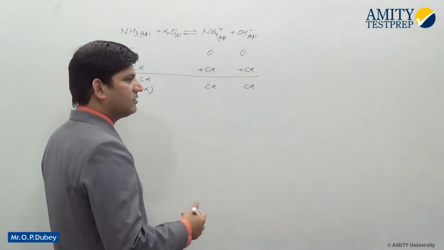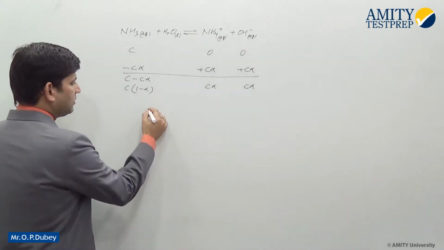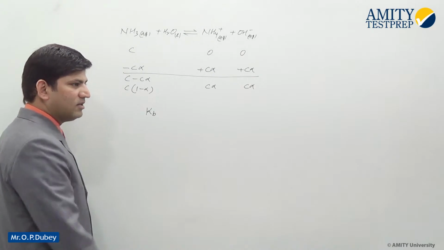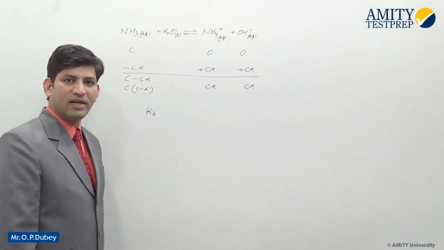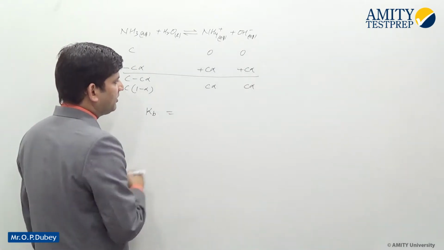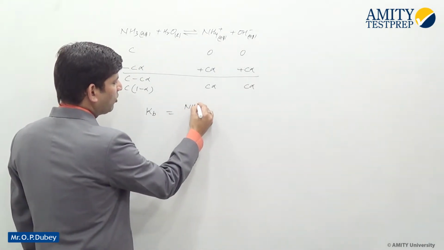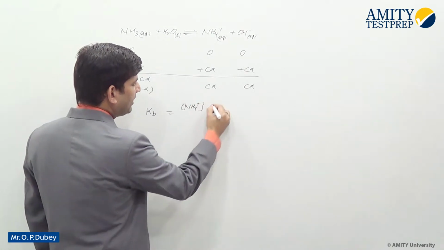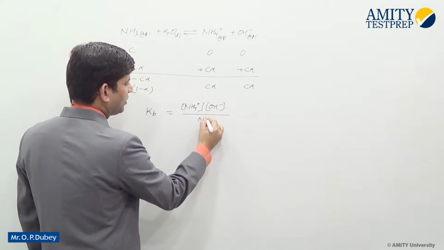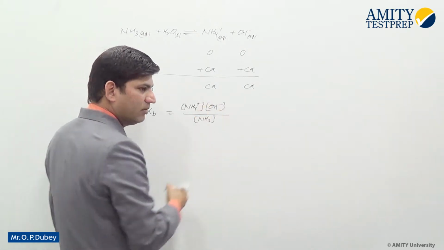The expression of this dissociation equilibrium is Kb. B is for base, Kb is the dissociation or ionization constant of the weak base, and the expression is the ammonium ion concentration multiplied by the concentration of hydroxyl ion upon the concentration of ammonia at equilibrium.